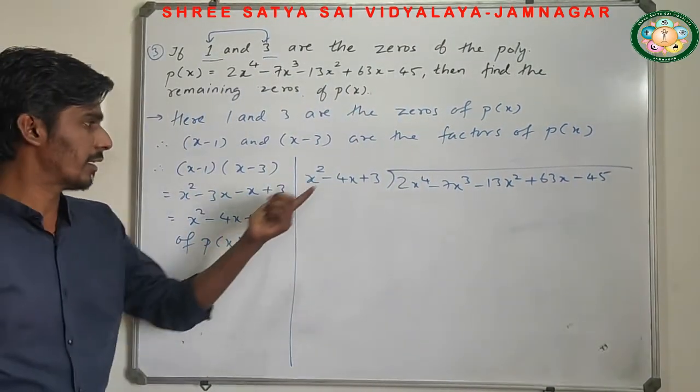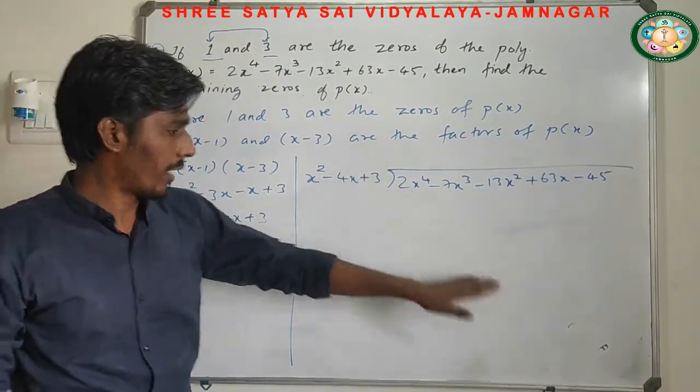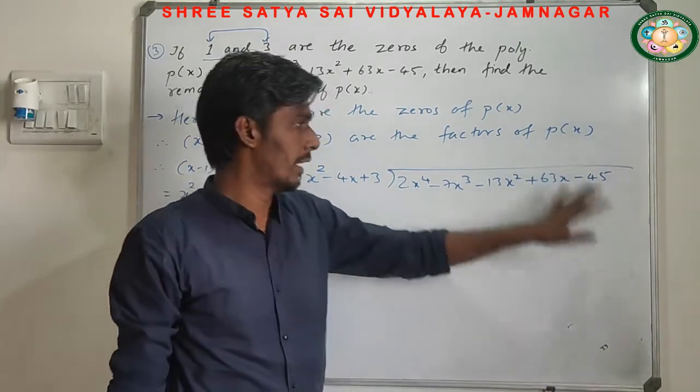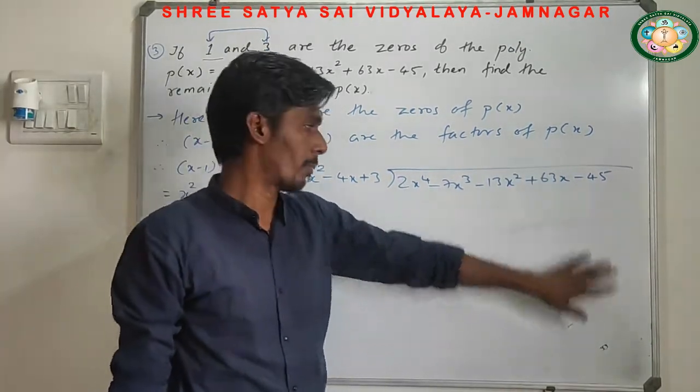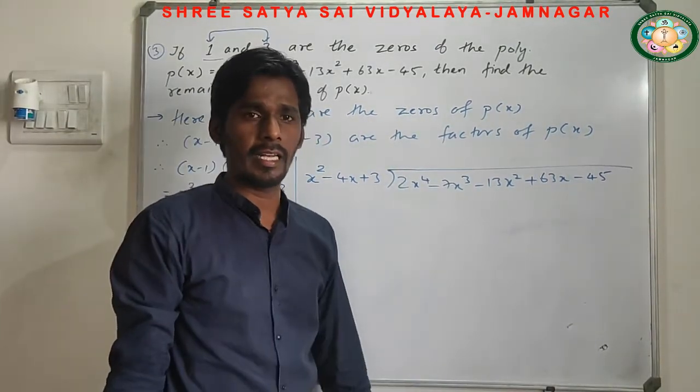We know that already x square minus 4x plus 3 is a factor of this polynomial. So anyhow you will get here remainder 0. If you are getting the remainder 0, your division is correct. But if you are not getting the remainder 0, then there is something wrong with your calculation.